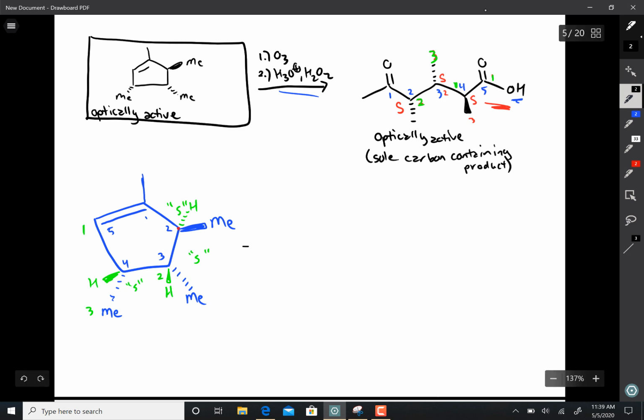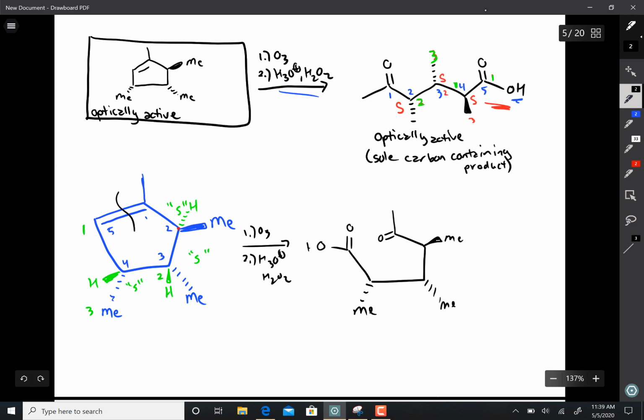If you want to double check this, what you could do is take your starting material and do the ozonolysis. And redraw it so that it's in the same conformation. The only difference is instead of a double bond there, you've erased that, replaced it with a double bond O and double bond O, OH.